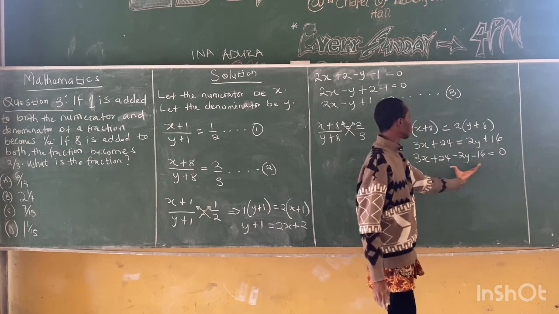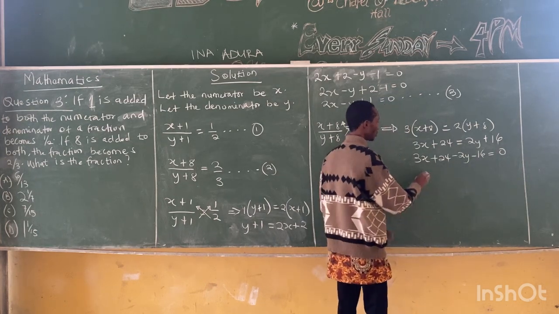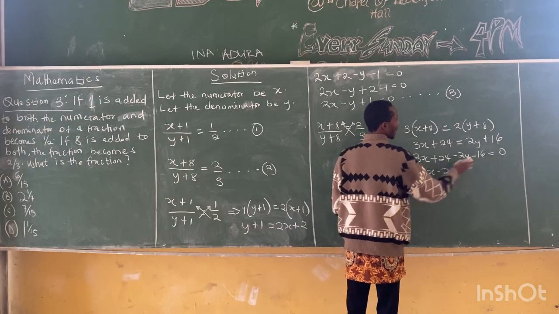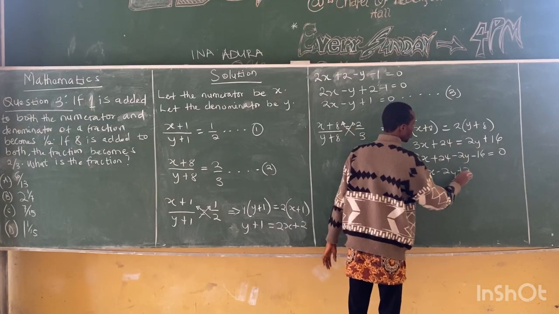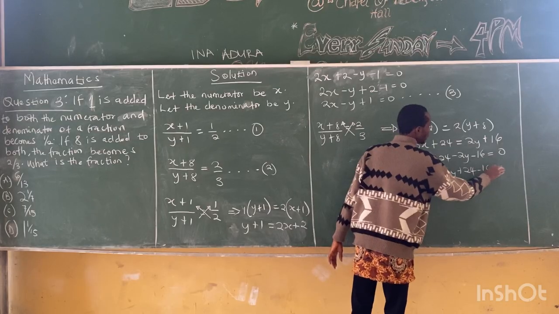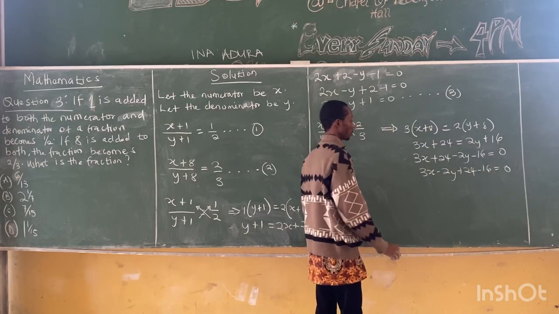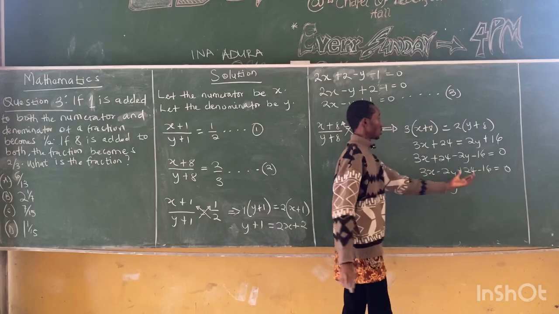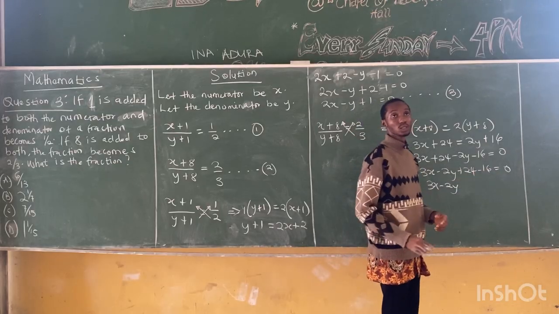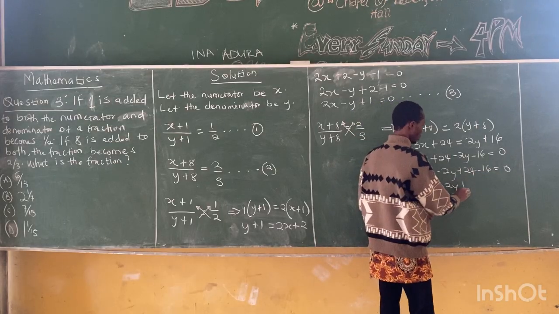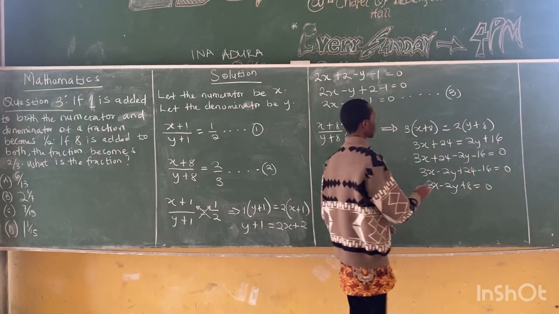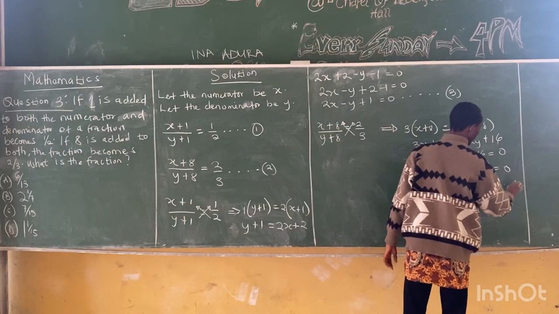Collecting like terms, we have 3x minus 2y plus 24 minus 16 equals 0. 24 minus 16 is 8, so 3x minus 2y plus 8 equals 0. Let's call this equation 4.